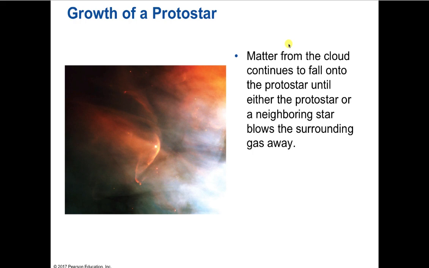These young stars tend to be very violent, with strong stellar winds as they're forming. They could blow away the gas and dust around other protostars, and that could stop the formation process. Once you've run out of gas and dust around a protostar, it has all the mass it's going to have, and it just continues to form. We'll talk about that process.